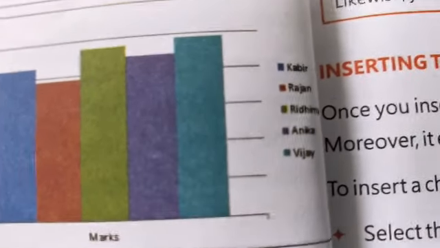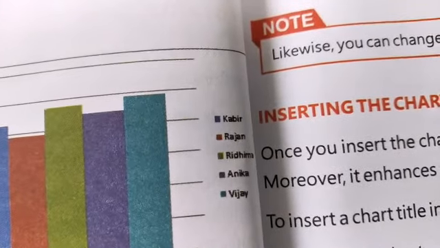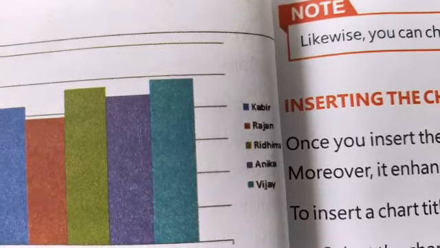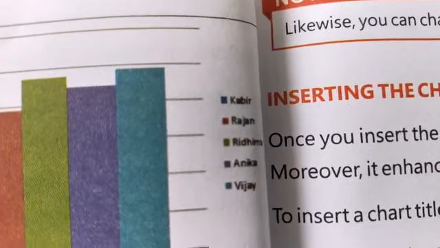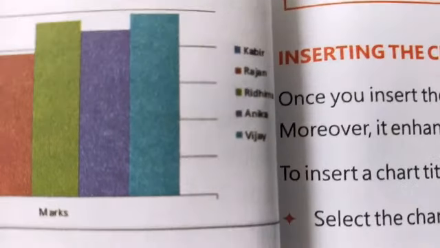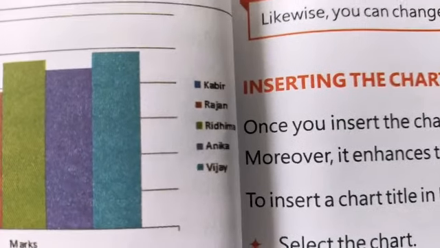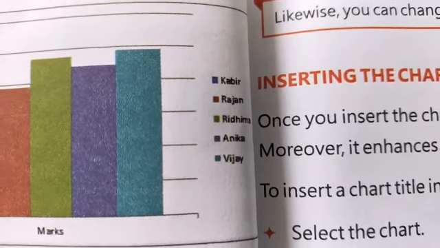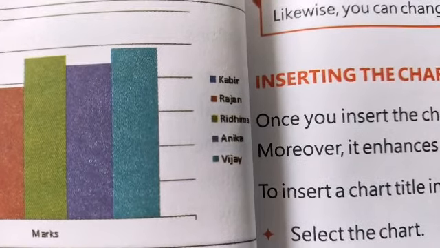And these names, Kabir, Rajat, Ridhima, Ankita, Vijay, all these are known as the legends. All these are the components of the chart that I have already told you about in the previous classes.